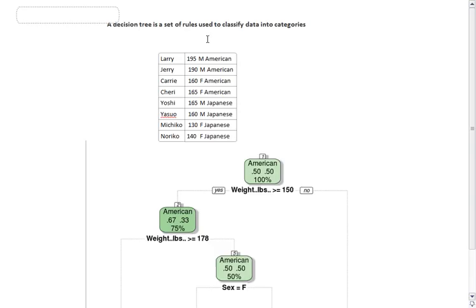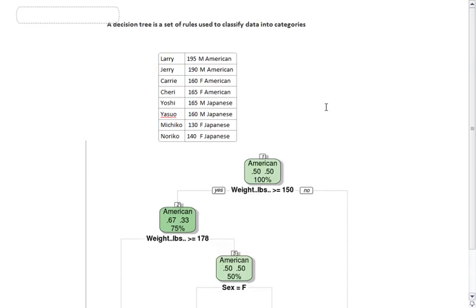Say we are trying to predict whether the person is American or Japanese based on the variables: one is the weight of the person and one is the sex of the person. Sex could be only male or female, and weight could be a continuous or numerical variable. So we have different persons, and we can see this data set.